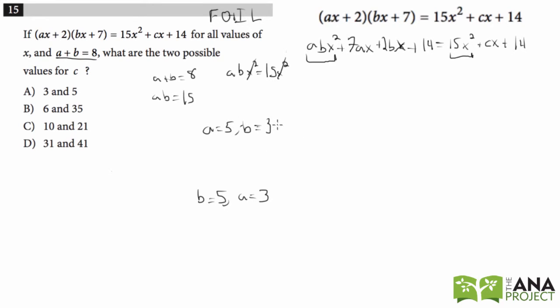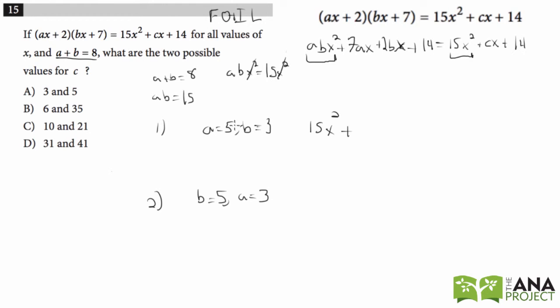So now let's substitute both of these possibilities, possibility 1 and possibility 2, into this equation here. So abx squared, well, that is obviously 15x squared, plus 7ax.